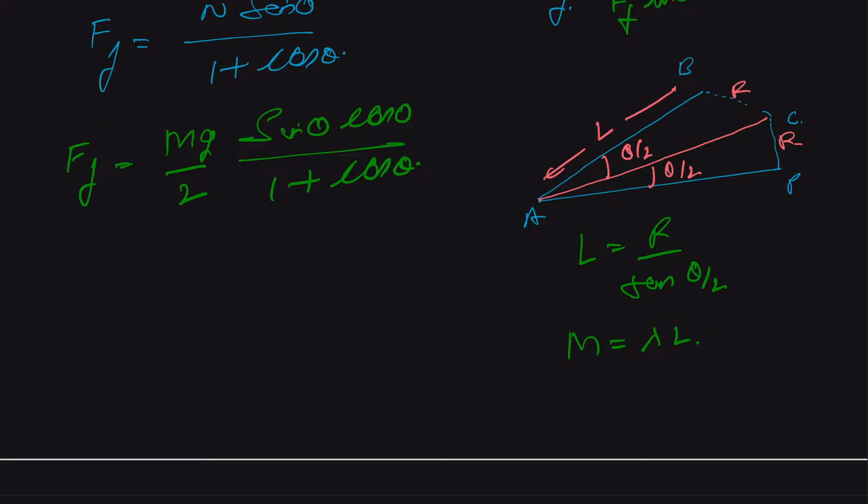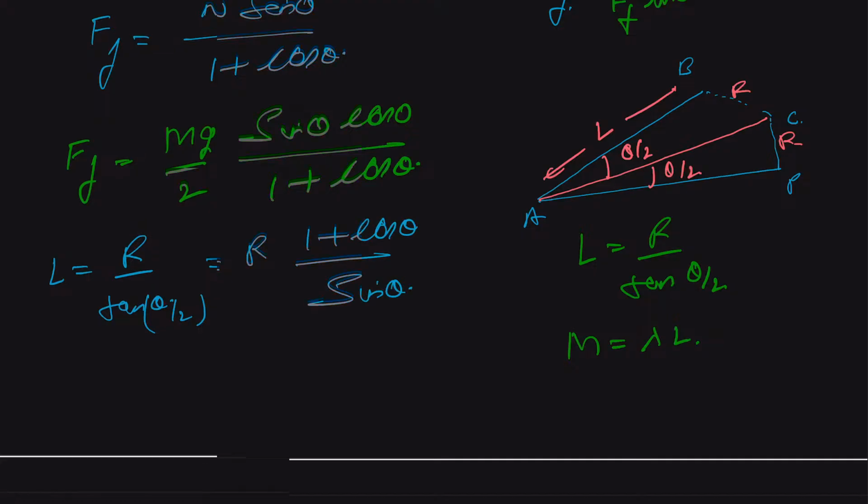Here we are interested in finding out, let me write it here, we have L is equal to R upon tangent of theta by 2. This tangent of theta by 2 can be replaced using the trigonometric identity, and we can write that L is equal to R times 1 plus cos of theta over sine of theta.